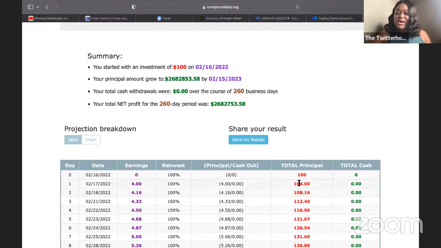So day two, you have $104 now, right? So now 4% of $104 is $4.16. So you're going to risk 1% of your account yet again, and you want to do it as many times as you need to until you get there.